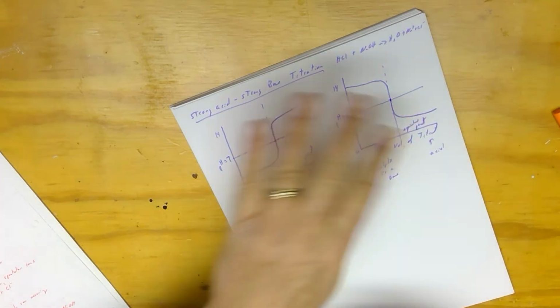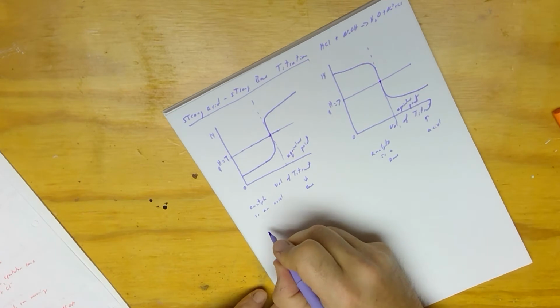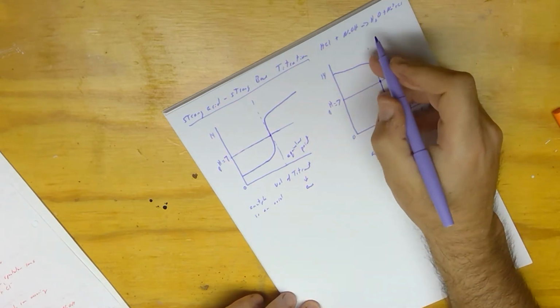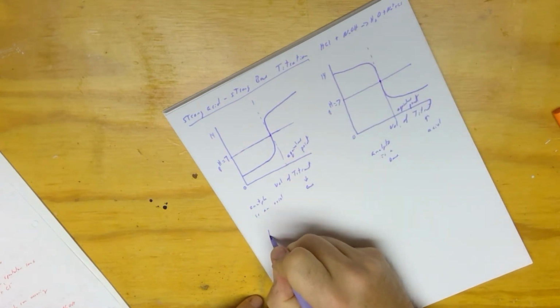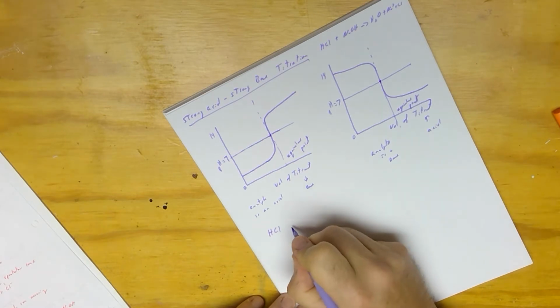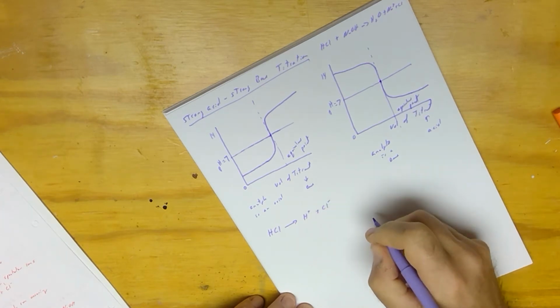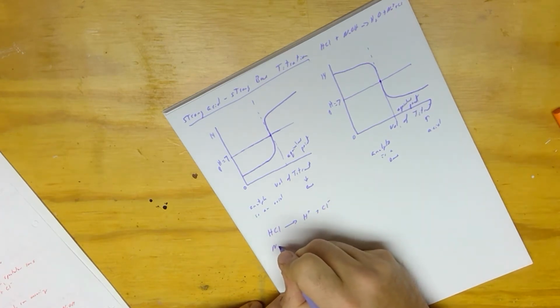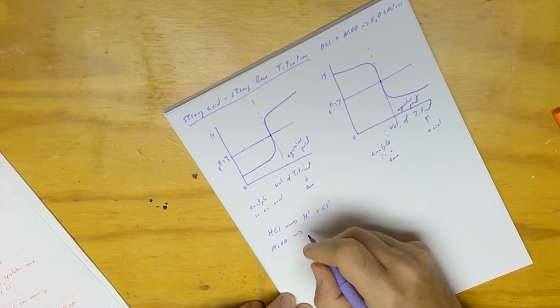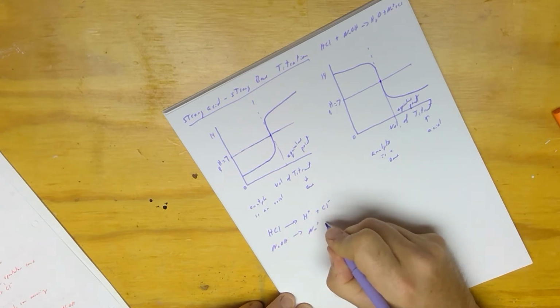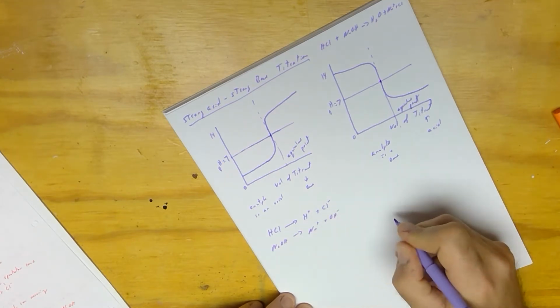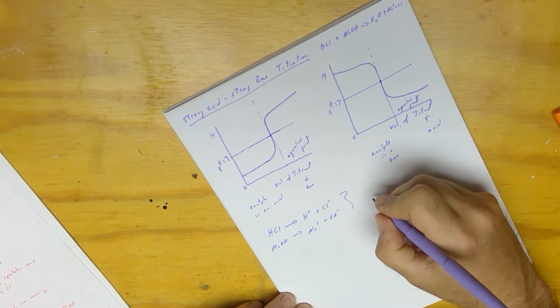All right, so let's look at what's happening here. Well, we're using HCl and NaOH. So we know that HCl, when we put it in water, will break into all H plus and Cl minus. NaOH is strong, and it'll do the same thing, and we'll go into Na pluses and OH minuses. So these completely ionize.